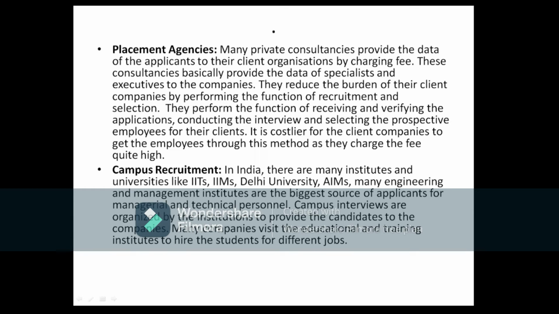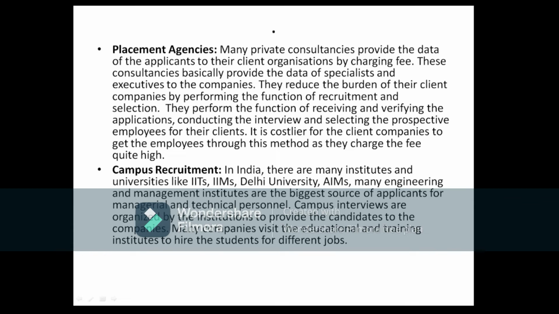And these companies are like Mafoi, ABC Consultant. So these are the placement agencies which give the data of the candidate, whether the candidate is semi-skilled, skilled, professional or managerial. So this is a very important source.